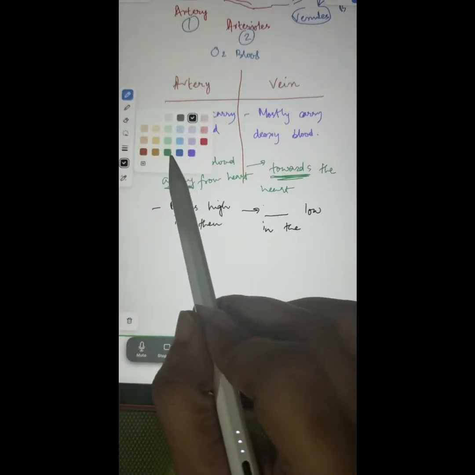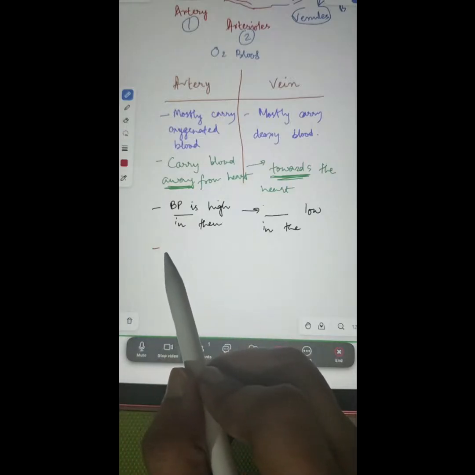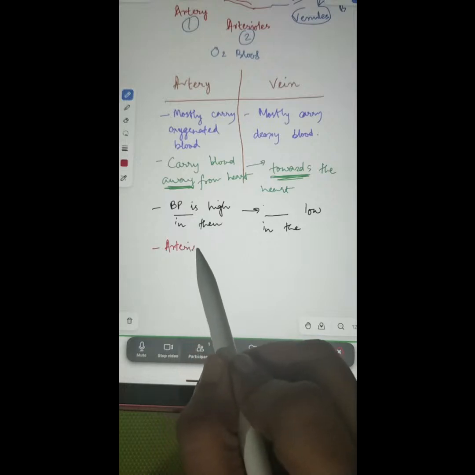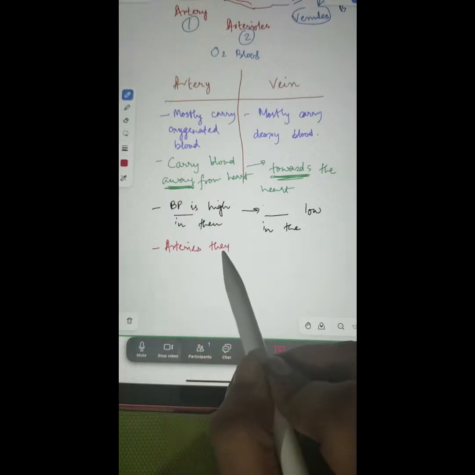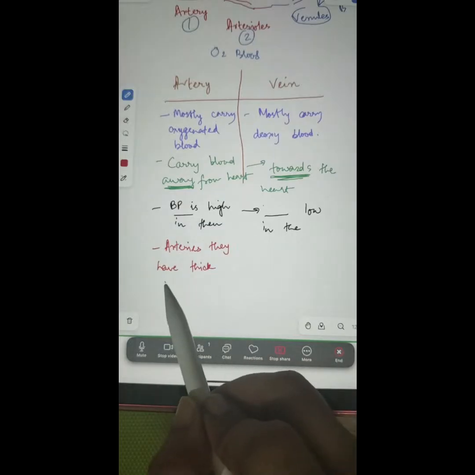Next point. If the blood pressure is high, that means they need to have a thick musculature. So arteries have thick muscles in them.